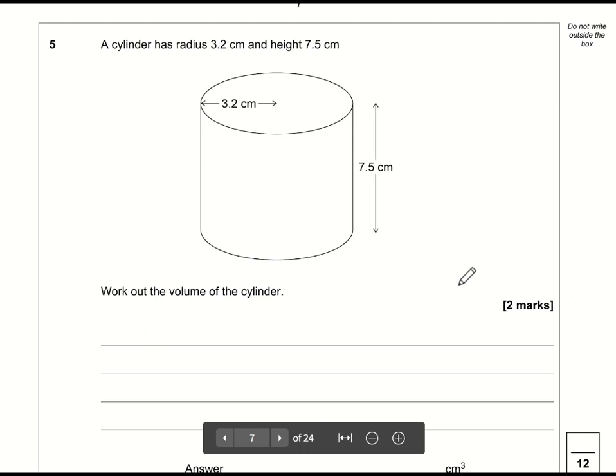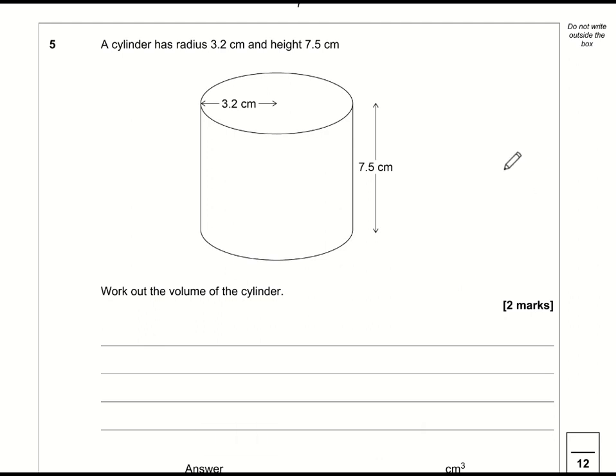Okay, so we want to work out the volume of the cylinder. The volume of any three-dimensional prism, which is a three-dimensional shape that has a consistent cross-section, as a cylinder does, is the area of its face multiplied by its height or depth. What we've got here in this cylinder is a circle.